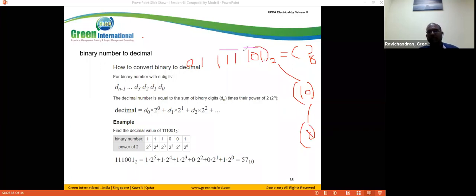Next we have 3 numbers, next we have only 2 numbers and put 0 here. So 111 is a 7, 101 is a 5, and it is 1. 175 is the octal number.